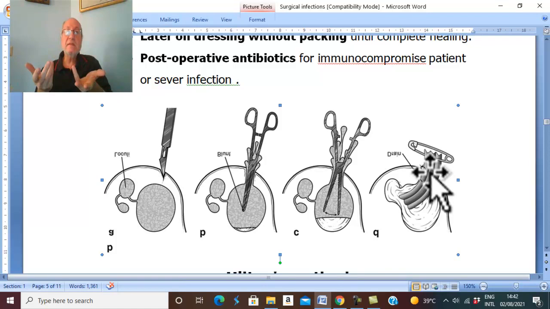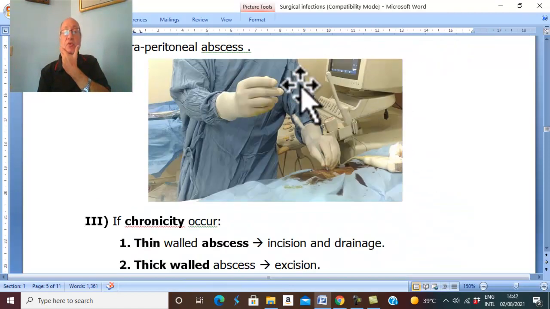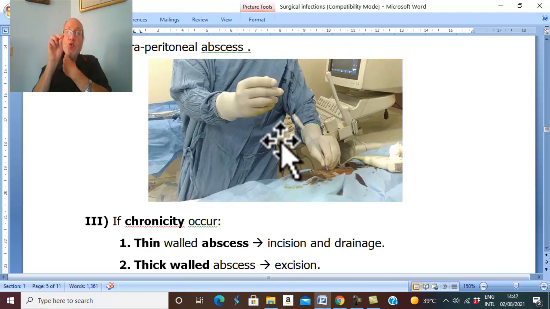But in deep abscess, like intraperitoneal or intra-abdominal abscess, what is the treatment? As we took before, the treatment is usually ultrasound or CT scan guided aspiration. If there is a chronic abscess with a thin wall, the treatment is as for acute abscess, incision and drainage.